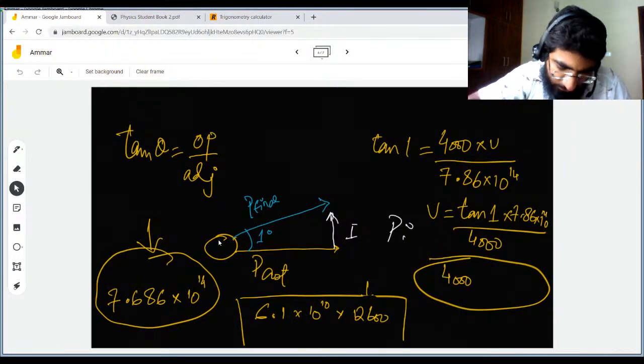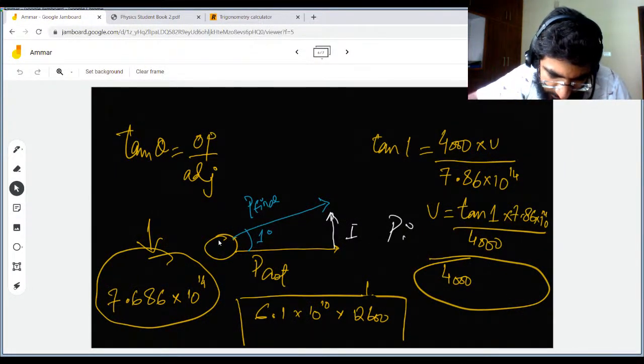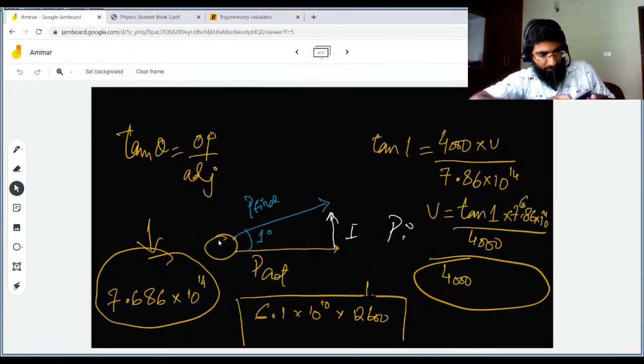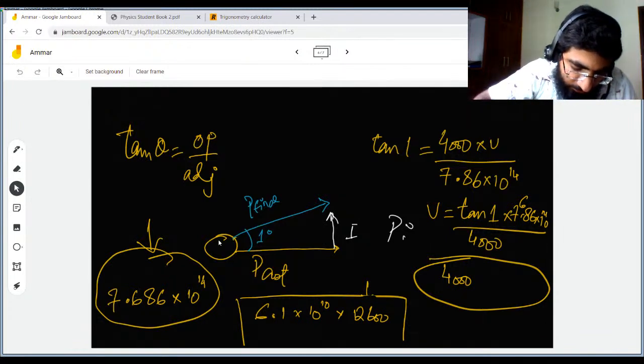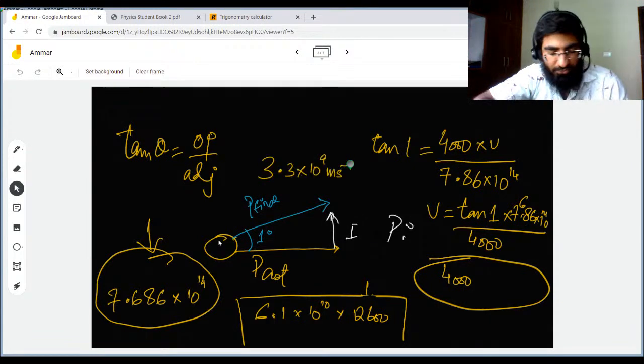It's not 7.8, it's 7.686. So 7.686 into 10 raised to the power 14 divided by 4000. So I get the answer 3.3 into 10 raised to the power 9 meters per second. Yeah, so that's the answer.